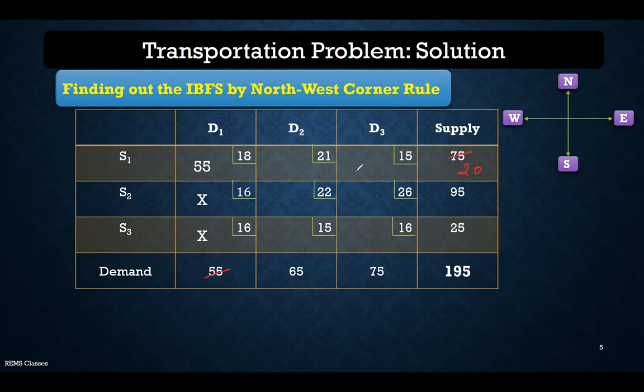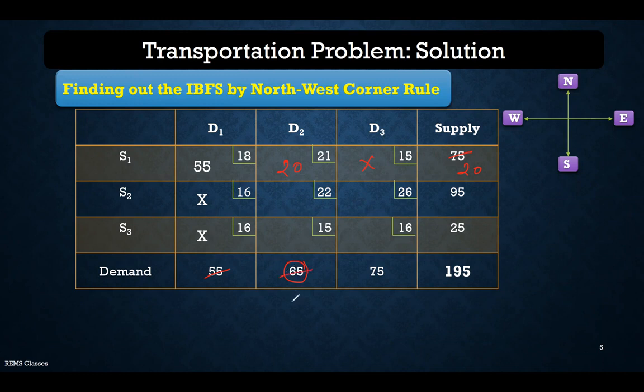There is a demand of 65 units for this cell, but a supply of only 20 units. So we will supply 20 units in this cell, this cell gets crossed out, and we consider this row also satisfied.